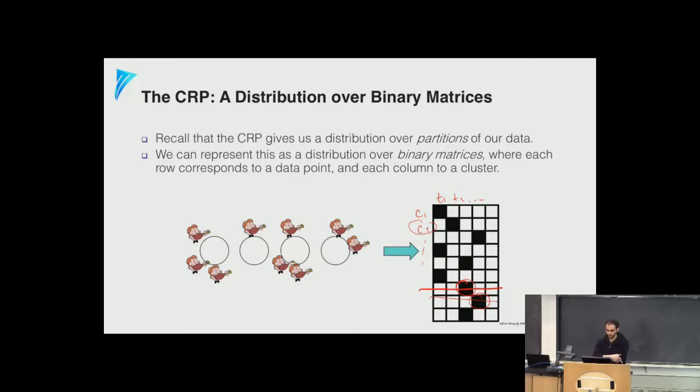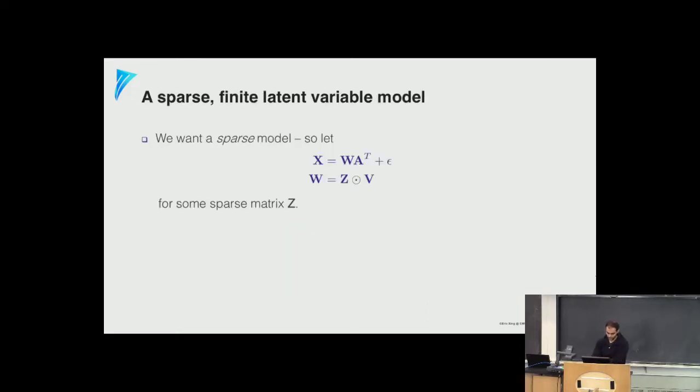It can be very large. So how can we represent this in the factor model? Well, we'll say that our matrix that corresponds to the mixture weights that are assigned to the latent components A is represented as this sparse matrix Z multiplied by some matrix V.